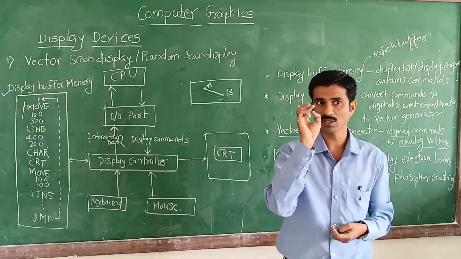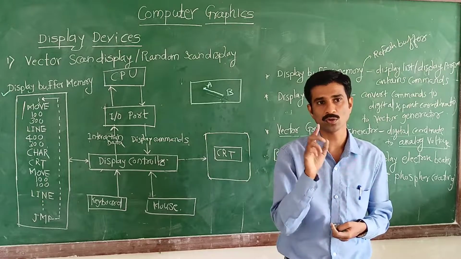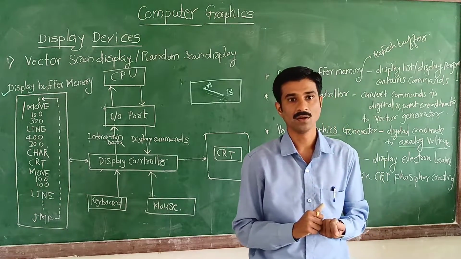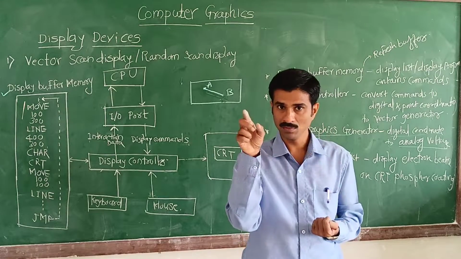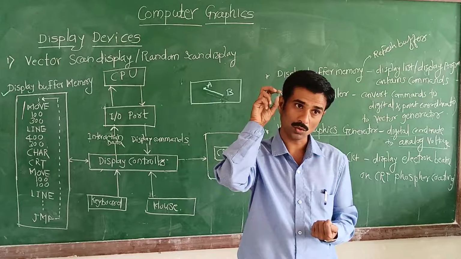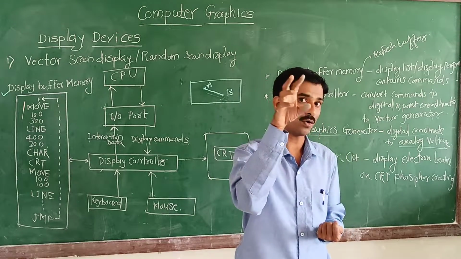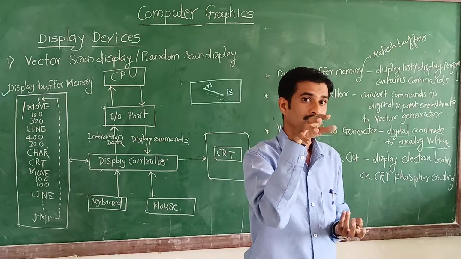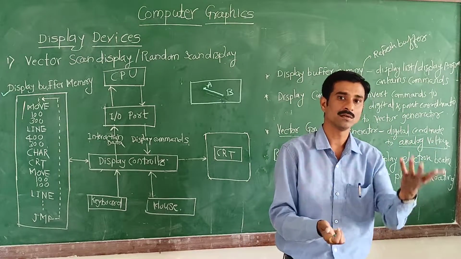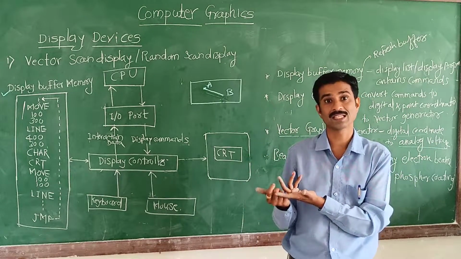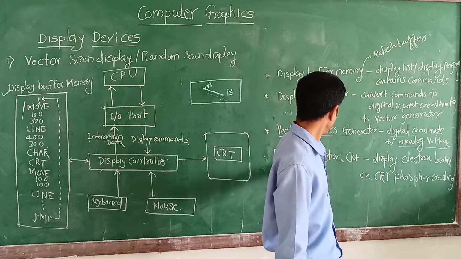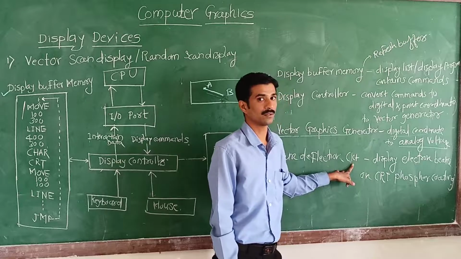When the electron beam is not striking the coating, we will not see any point, line, or character. Only at the location where the electrons are emitted can we see whatever we are expecting. So this is the beam deflection circuit.